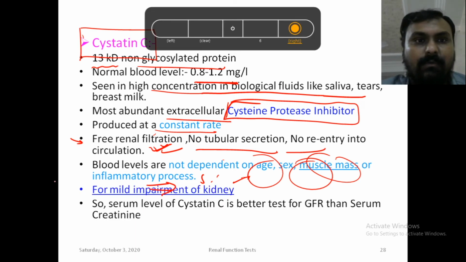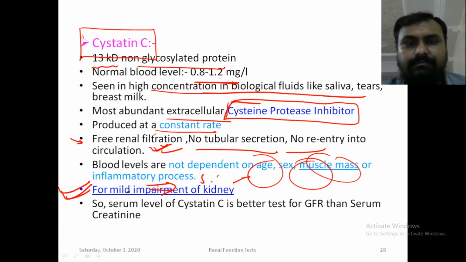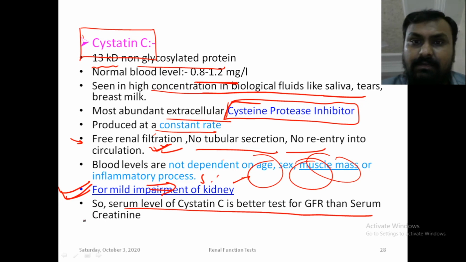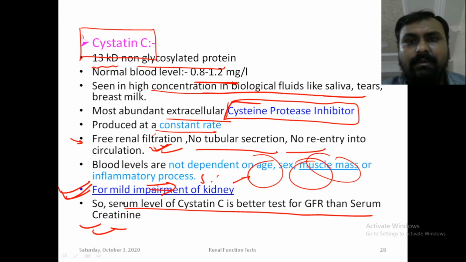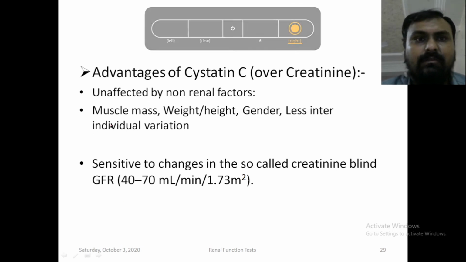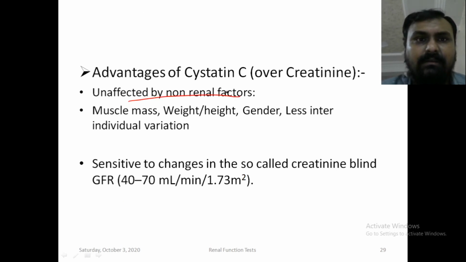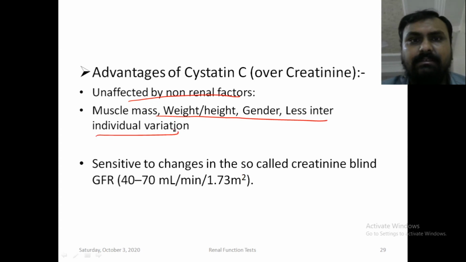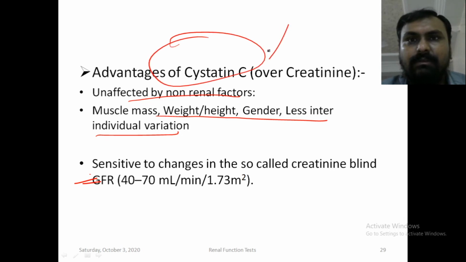So it is very important for early detection of kidney disease. Serum level of cystatin C is a better marker, a better test for GFR than serum creatinine. For the estimation of GFR or to diagnose early kidney failure, we use cystatin C. It is unaffected by non-renal factors, muscle mass, weight, height, gender, with less inter-individual variation. So cystatin C is very important over serum creatinine.